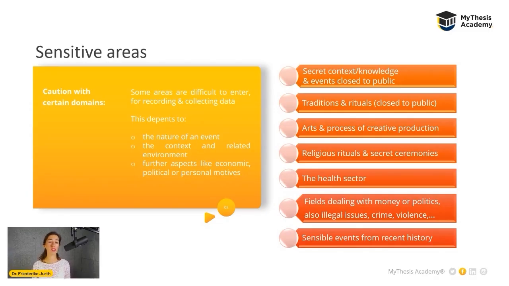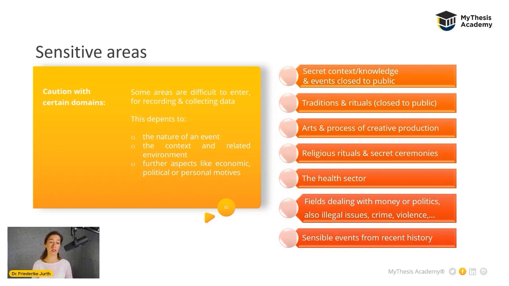It also depends on the specific context and related environment. And there are further issues, for example economic reasons, political aspects, or even personal motives, which can be varied.